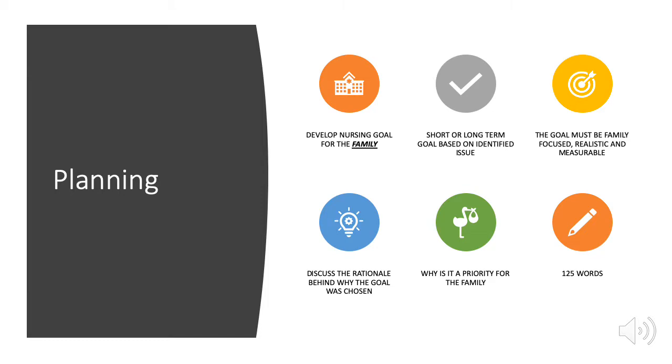Not for the individual, for the family. Now, that goal may be short-term or long-term, and it must be based on the identified issue or problem in the first section of the problem or issue identification part.